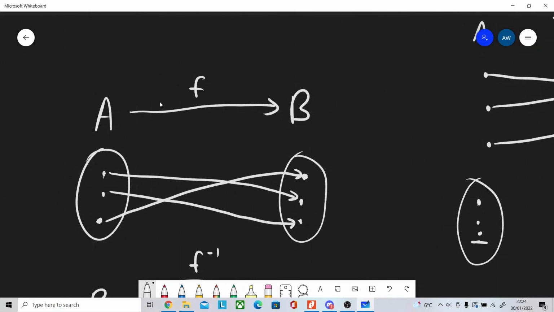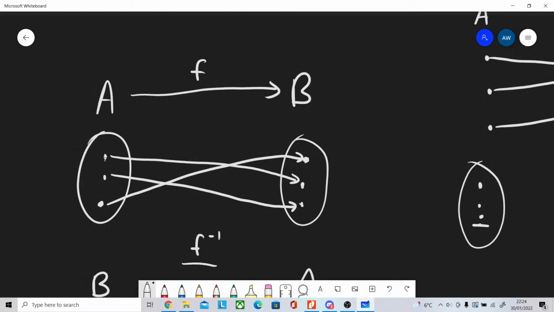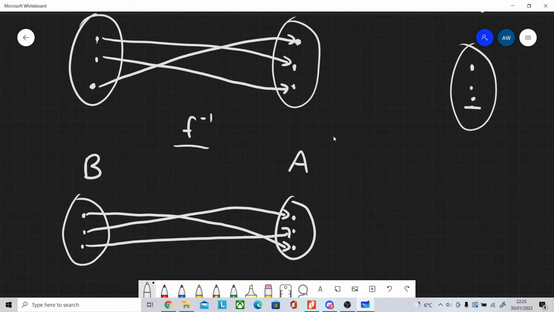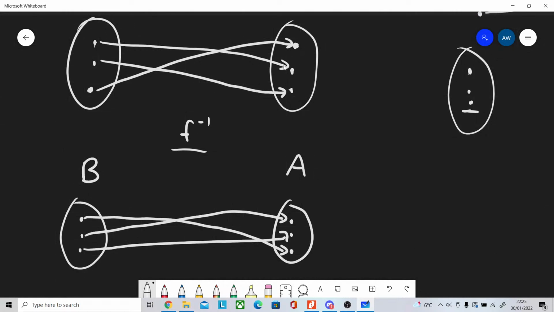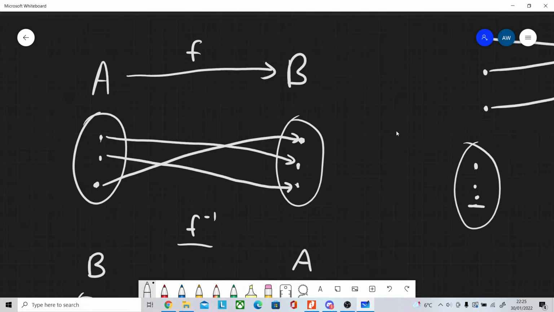And similarly, if we do f and then f inverse, if we follow A to B and then B back to A, A to the middle and then the middle back up to the top again, then it'll map the elements of A to the same elements of A again.